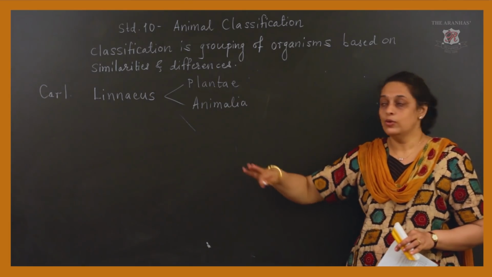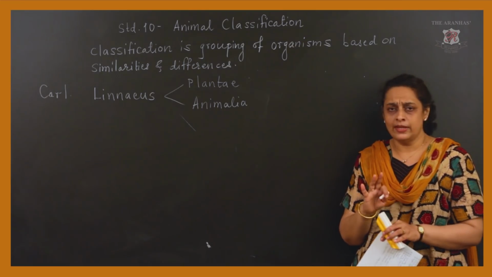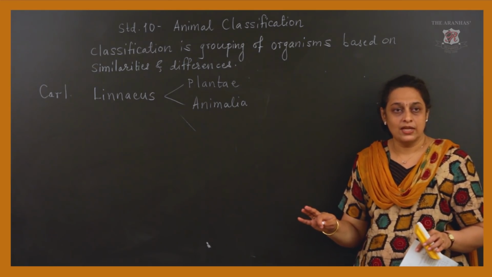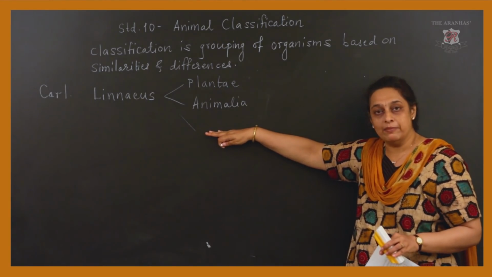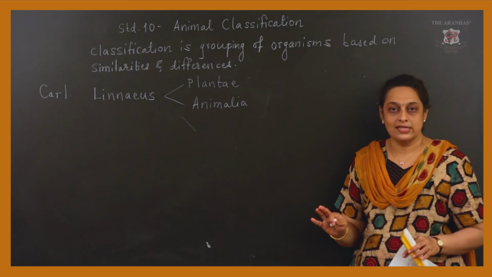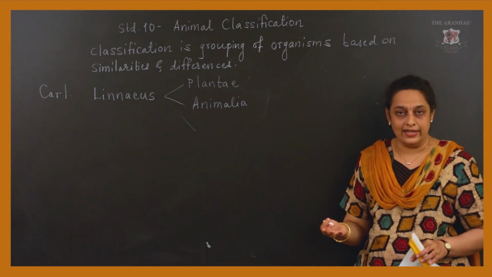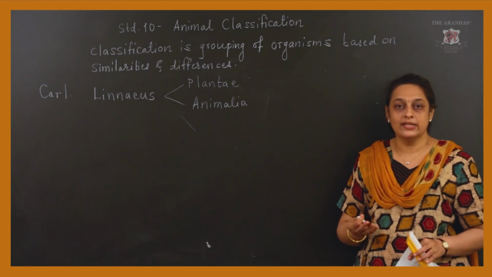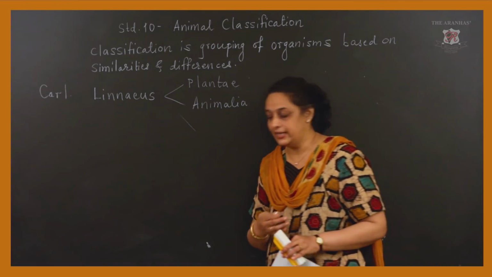But let me tell you that there are some drawbacks of this system. It is not perfect. There are some organisms which do not fit properly in Plantae or Animalia. So there are limitations or drawbacks of the Linnaeus system, and that is why, comparatively recently, a new system of classification was designed, or it was proposed by a scientist.